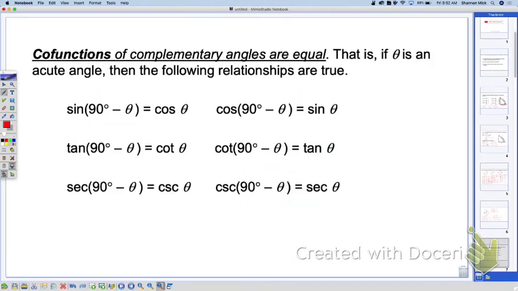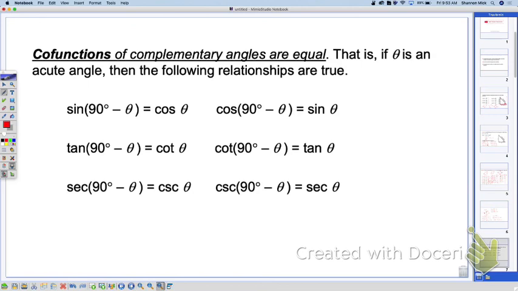Okay, these are the cofunctions we talked about. That's why I drew the arrows. Cofunctions of complementary angles are equal. You need to know that. Sine, what's the cofunction? Sine, cosine. Secant, cosecant.